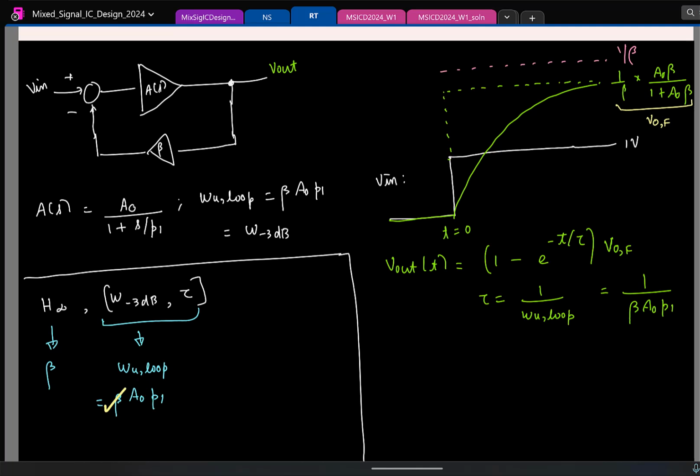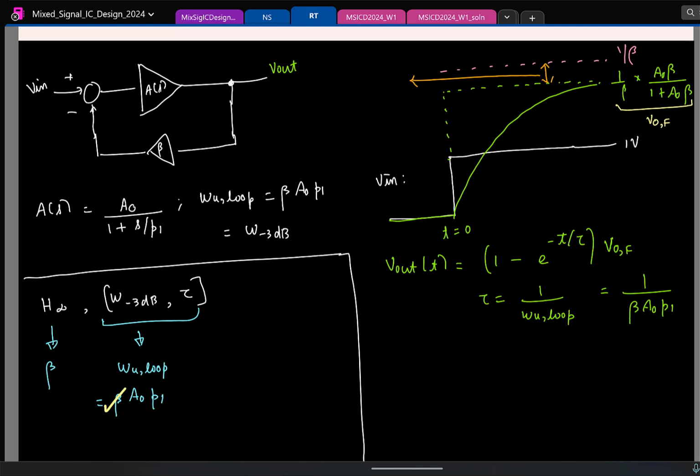What error are we talking about? Yeah, what is it? So remember that if I had infinite A0, what would have changed in this response? Ideally it would have reached this value, right? Now if the gain is finite, you have a small error. And what is this error now? What is the difference between the two?